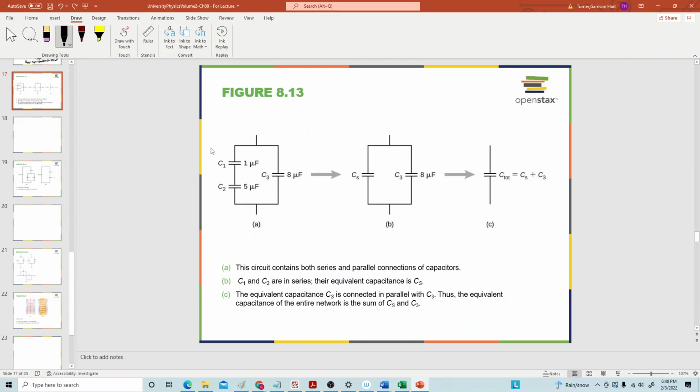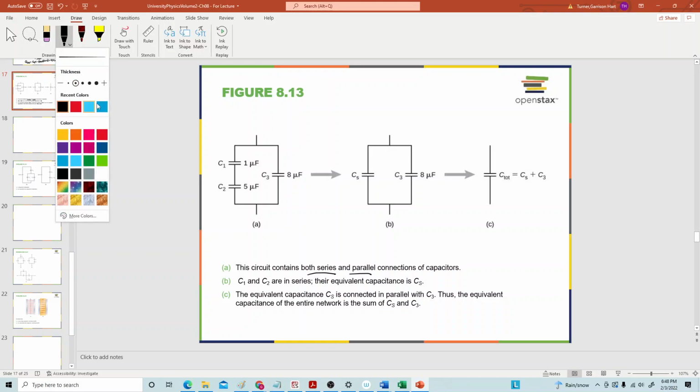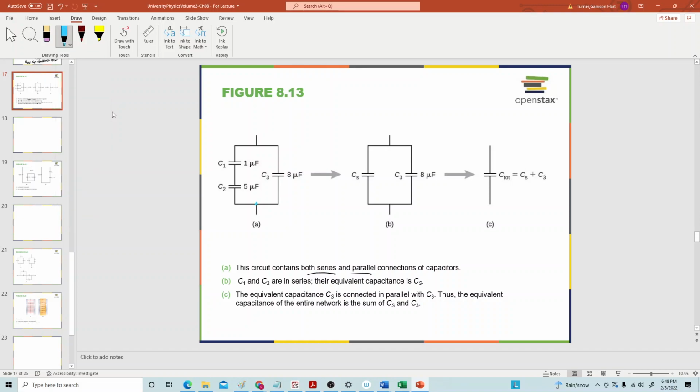Okay, so as it says, this circuit contains both series and parallel components. Why is this both a series and a parallel configuration? It's because these 2 points right here act like junctions.